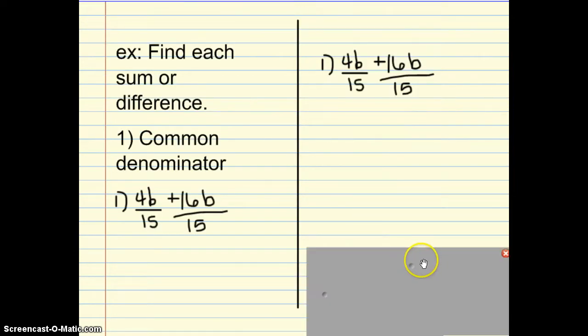We are going to find each sum or difference, and the first one's always the easy one with the common denominator. So when you add, your denominator, 15, is going to stay the same, and your 4b plus 16b is 20b. We just add those front numbers and keep our variable.